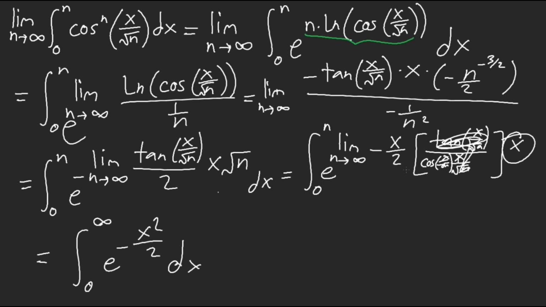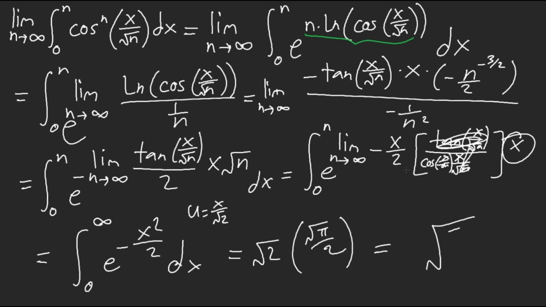When you look at that, this is simply a Gaussian integral. So this is root 2, when I do u equals x over root 2. Then it becomes a Gaussian integral, so root pi over 2. Our answer is the square root of pi over 2. Okay? That is our integral.